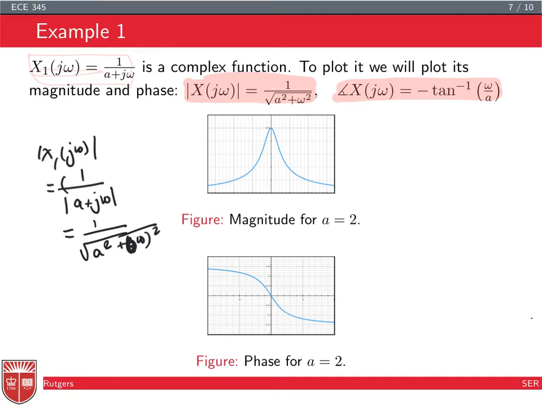And then the phase is equal to minus the arctangent of omega over a. Then we draw the magnitude and the phase on two separate graphs.